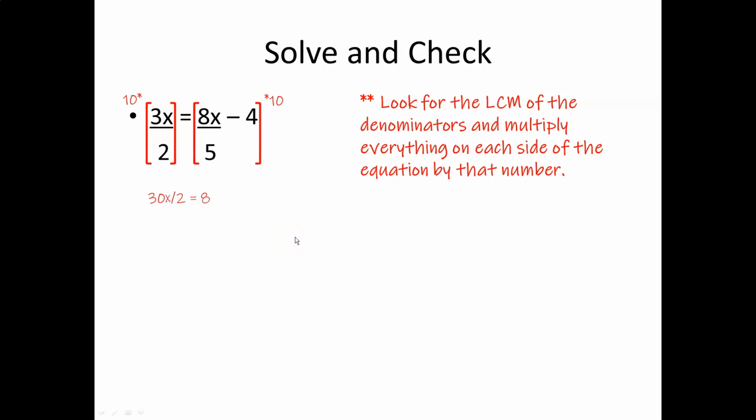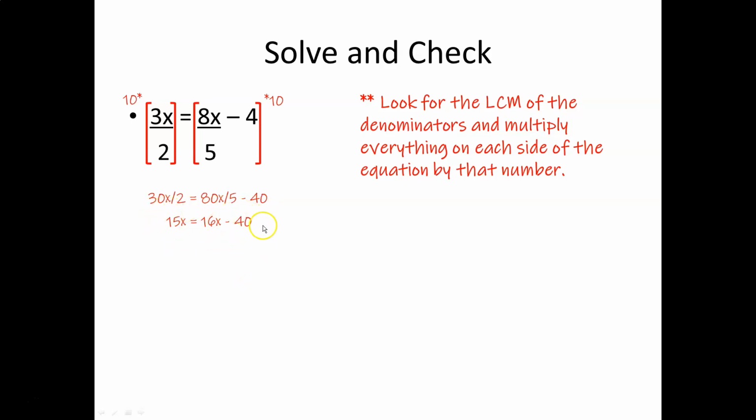Then we end up with 30x over 2 equals 80x over 5 minus 40. Now let's simplify. 30 divided by 2 is 15. 80 divided by 5 is 16. And that 40 is just hanging out. Now, this looks like something we have done before.